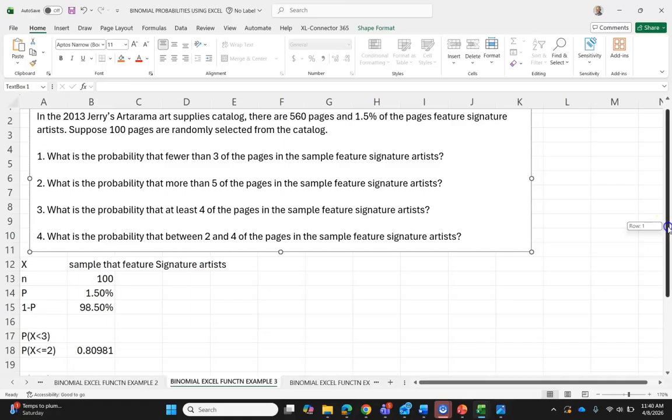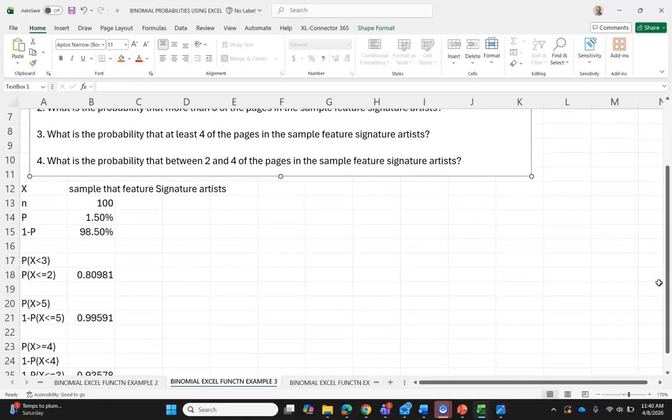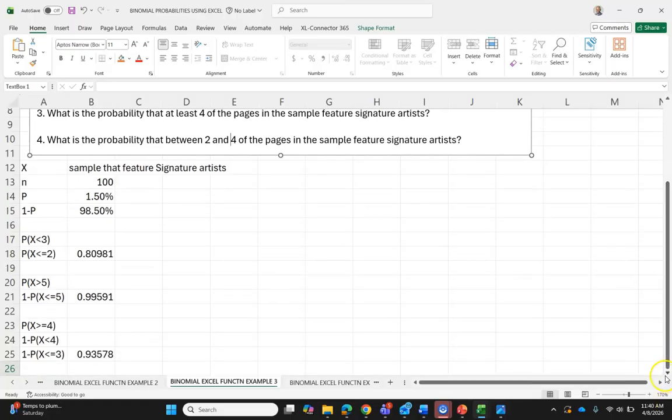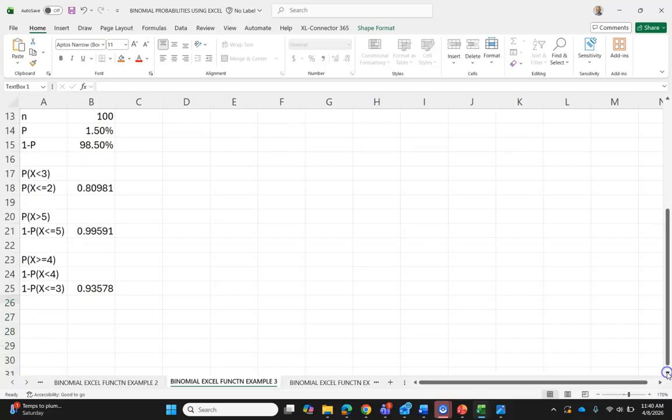So I want to introduce to you the in-between probability. How do we write in between when we say between 2 and 4? We can write the probability as follows.